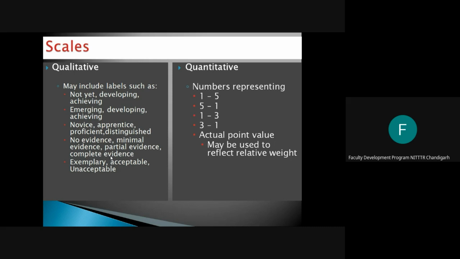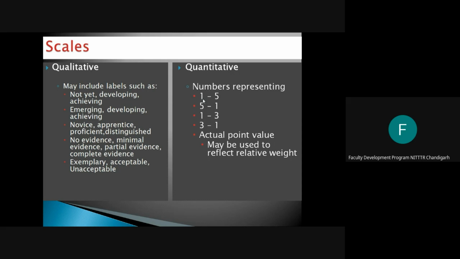Then, my friends, if you do not want to use a qualitative scale, you can have a quantitative scale also. In a quantitative scale, you can go from 1 to 5: 1, 2, 3, 4, 5. One may mean that the student is at the top level and number 5 that the student is at the bottom level.